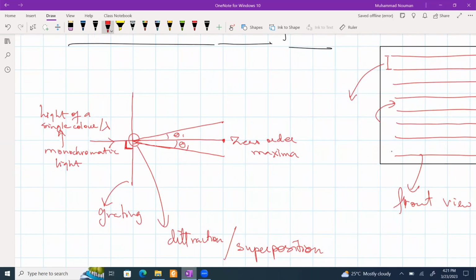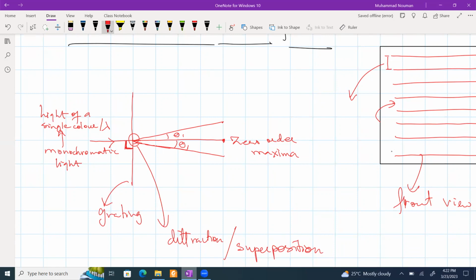So the maxima above the zero order and below the zero order do not have the same angle. If you do not keep this angle 90 degrees, the pattern will not be symmetric above and below, and the angles above and below will not be the same.